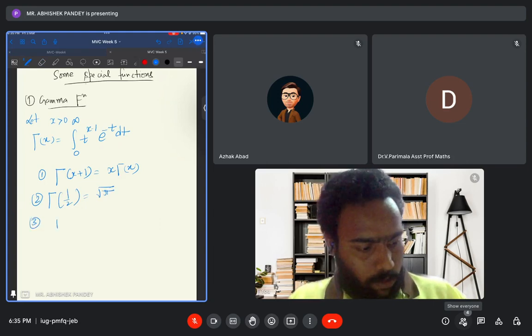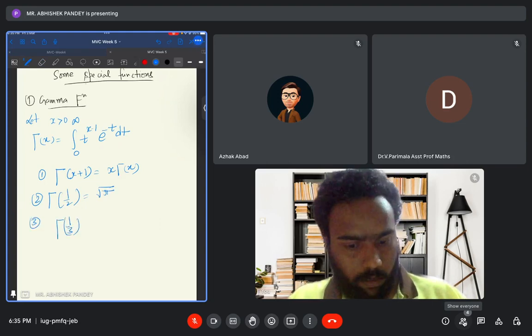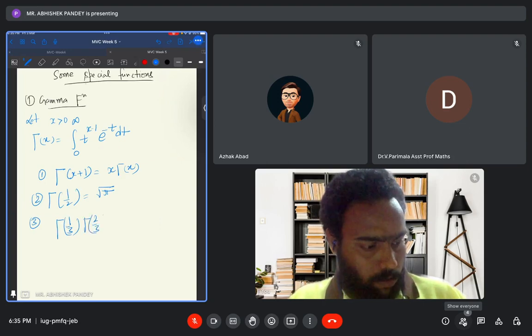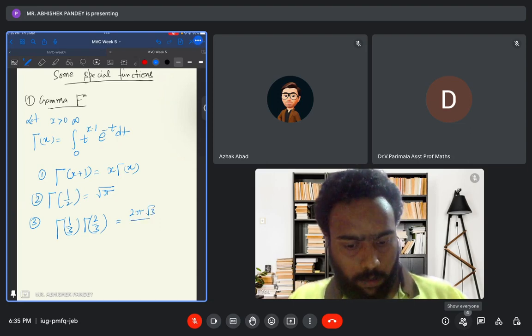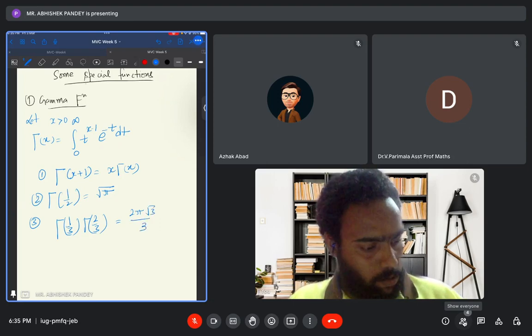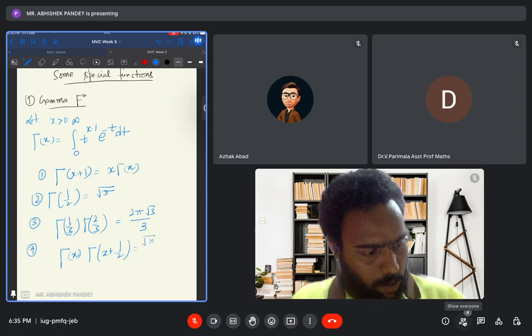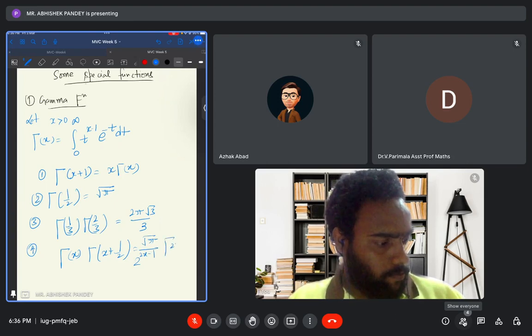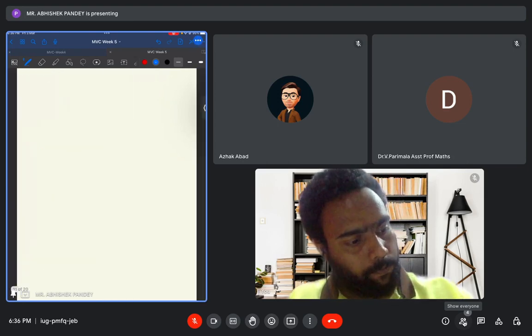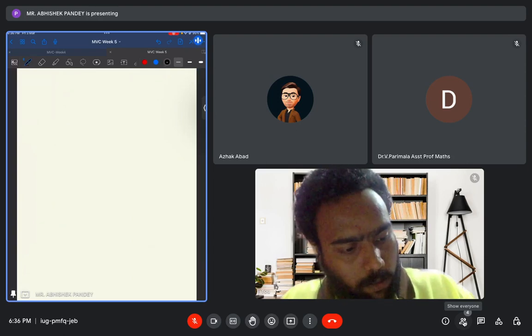Third one is gamma of 1 by 3 into gamma of 2 by 3 equals 2 pi over root 3. Fourth one is gamma of x plus 1 by 2 equals root pi over 2 to the power 2x minus 1 times gamma of 2x.